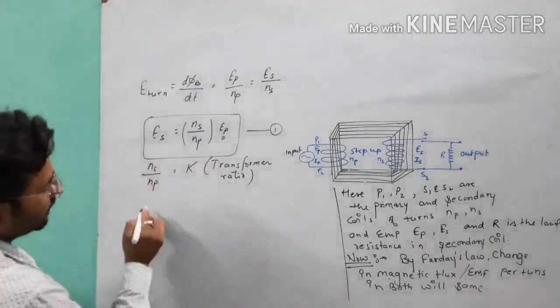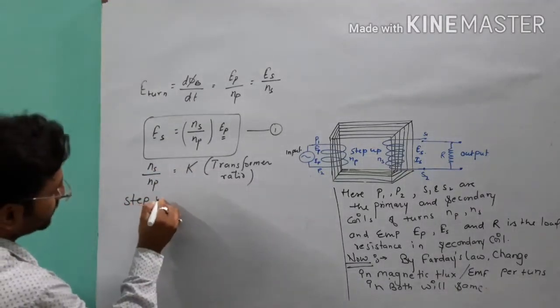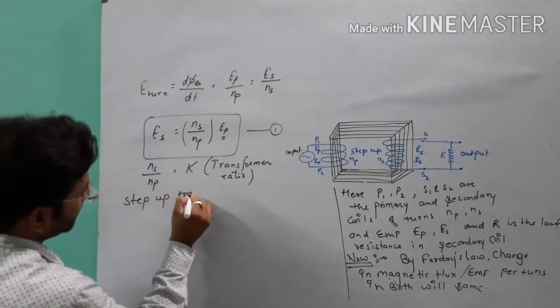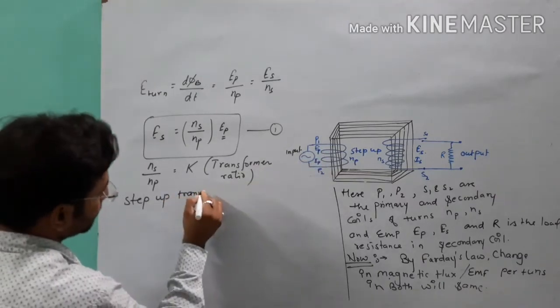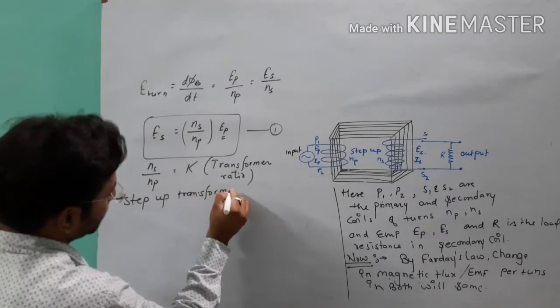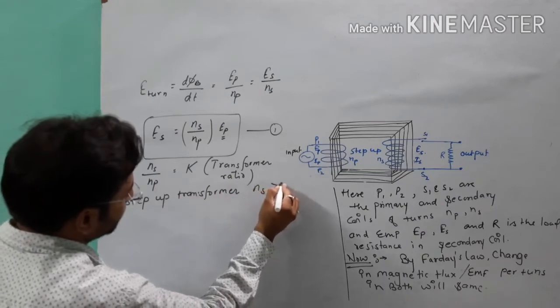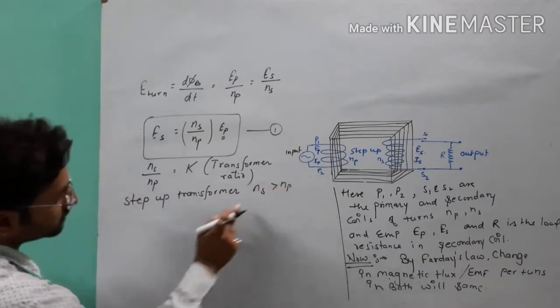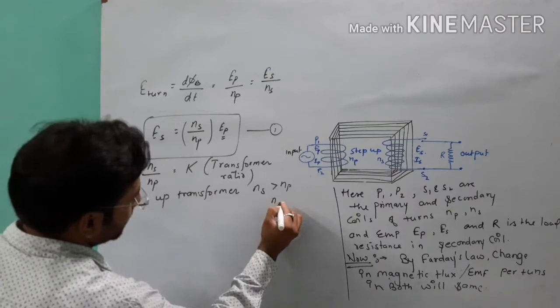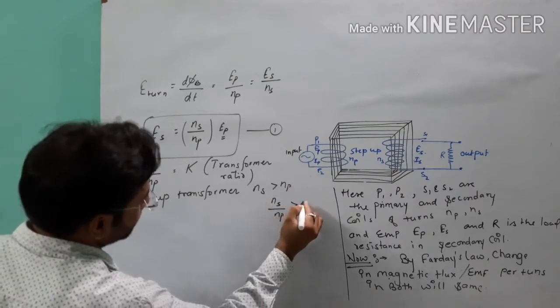So when we write about the step up transformer, as I told you in the diagram also, the number of turns in the secondary coil is greater than the number of turns in the primary coil. So by this relation we can write NS over NP is greater than 1.